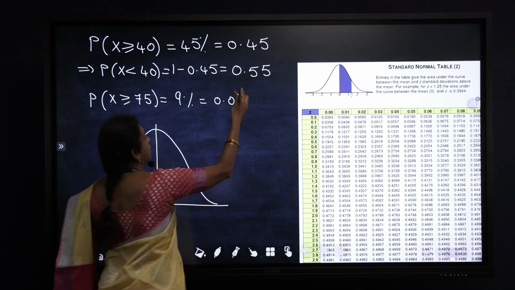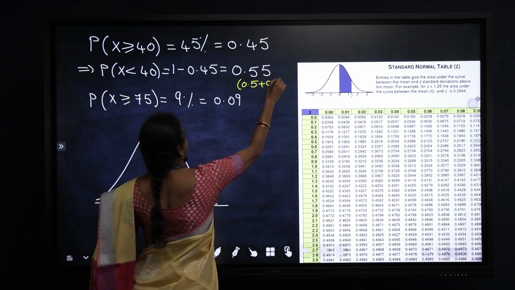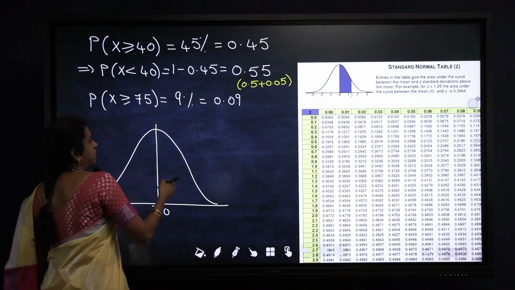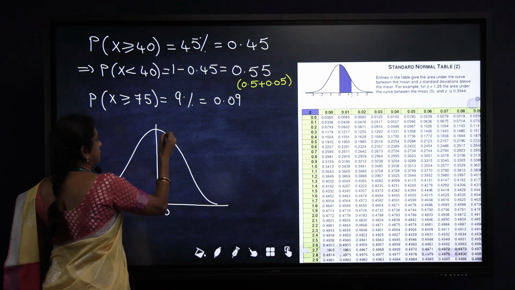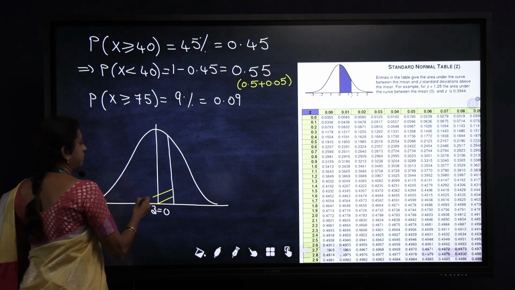We can write this as 0.5 plus 0.05. So this 0.05 area is covered here. So this is the area covered.